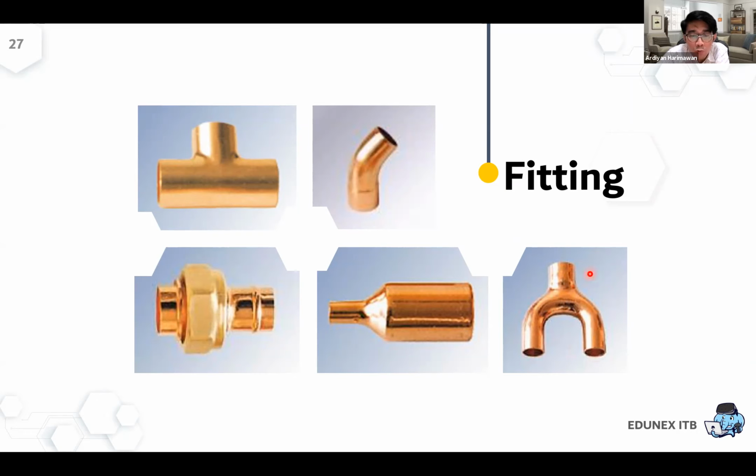You need to use a Y, this one, because the shape is like the letter Y. It's also to branch the pipeline. And you might also need to use a sudden contraction, a diffuser, a sudden enlargement, and so on. So basically, it's to connect pipes to make a pipeline system.